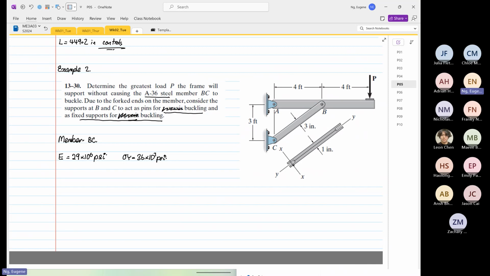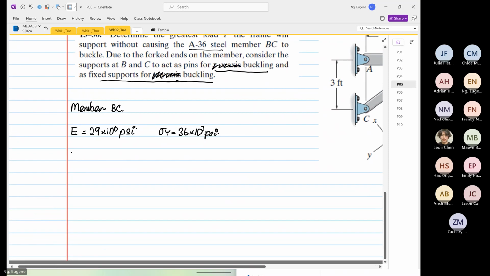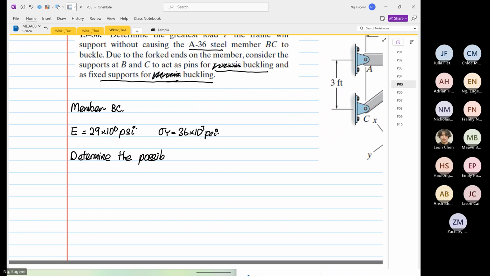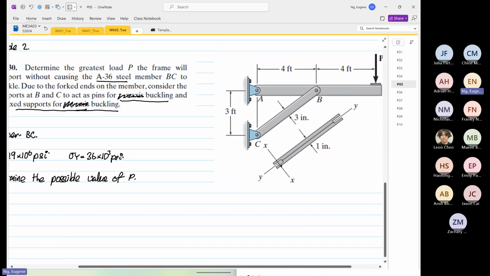So we want to determine P. We're going to determine the possible value of P.